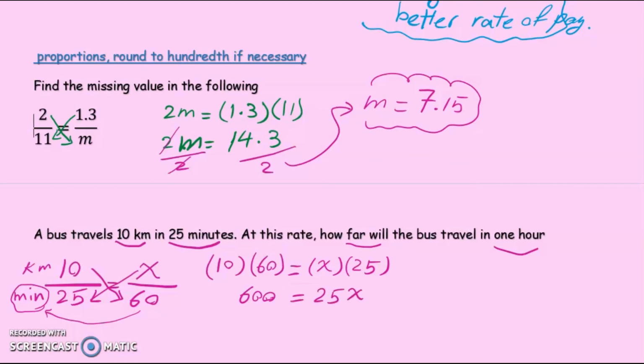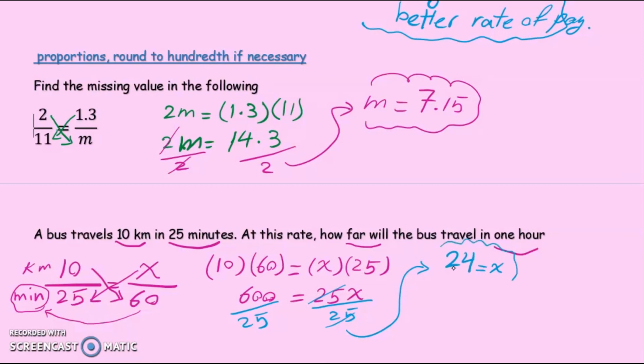Next step, let me just change color. You have to divide both sides by 25. 25 cancels. As a result, I have x on this side, and on the other side, if you use your calculator, 600 by 25 would be 24.